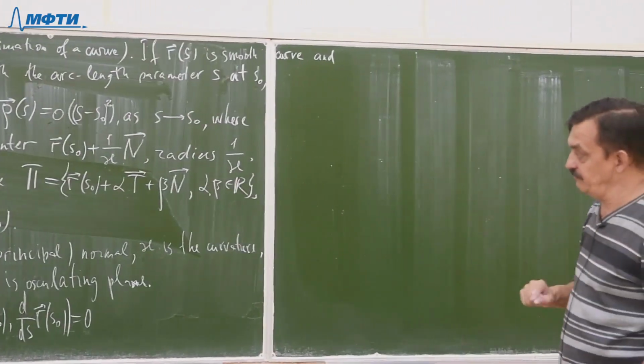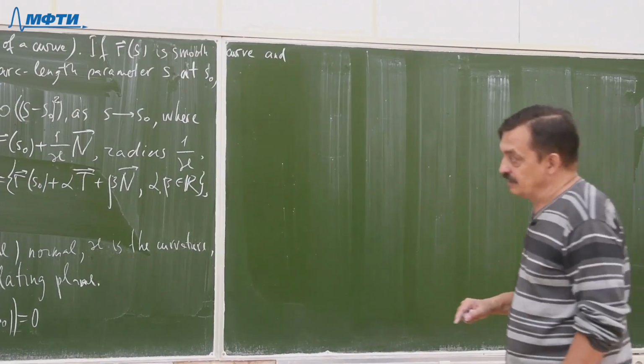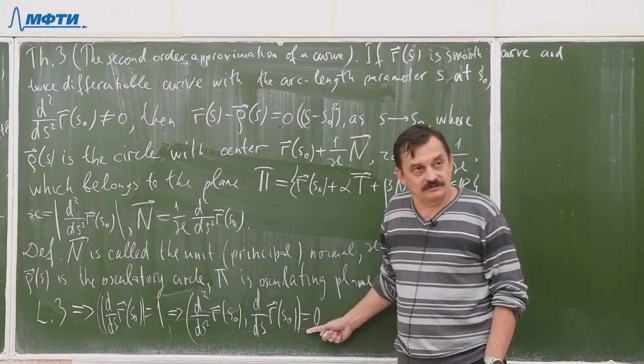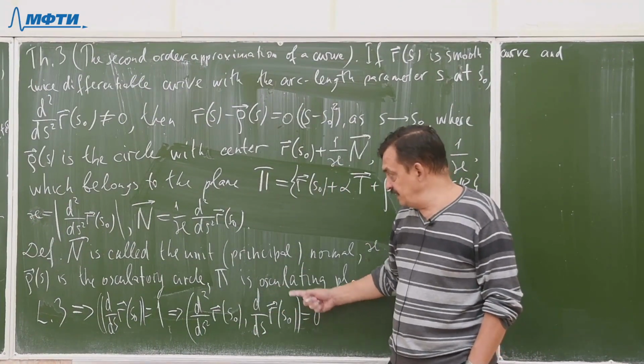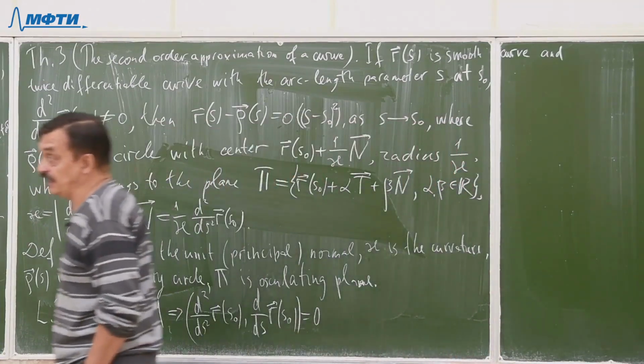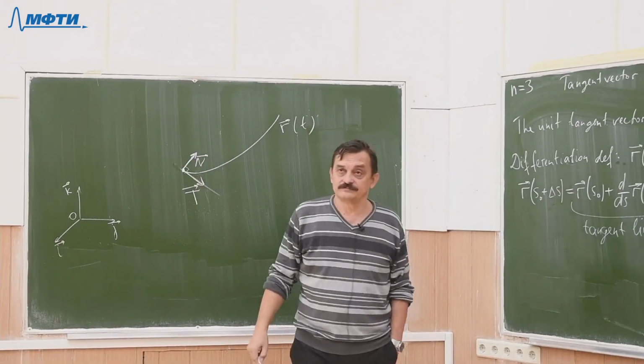Some global behavior should be satisfied as well, right? So, look. So, second derivative is orthogonal, right? That is why it is called normal, because it's orthogonal to tangent. So here, those vectors are orthogonal.